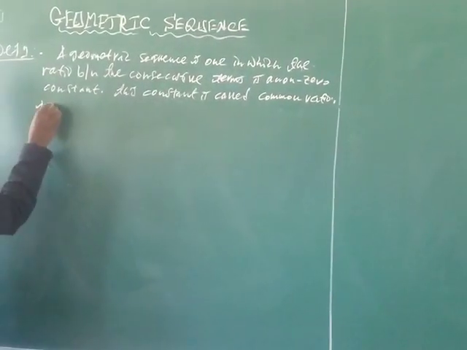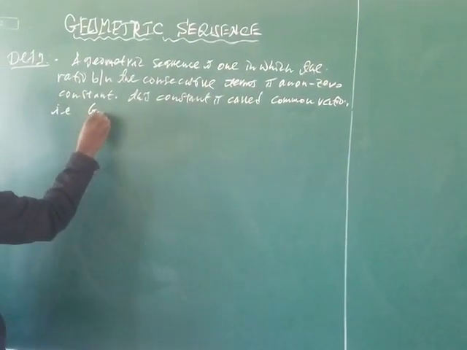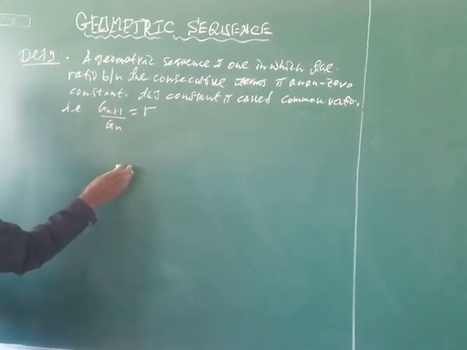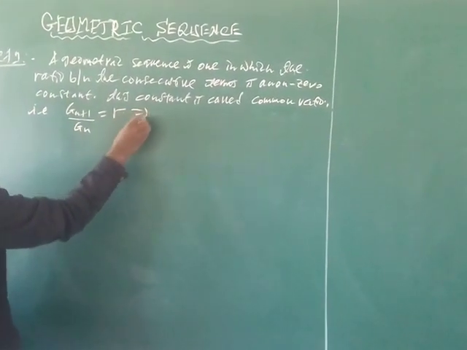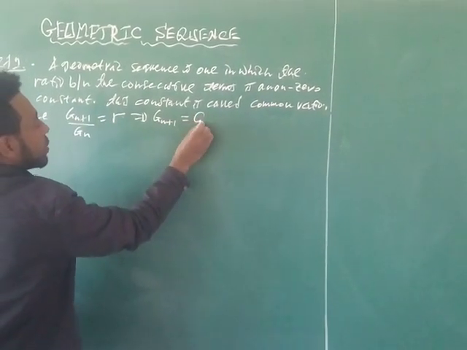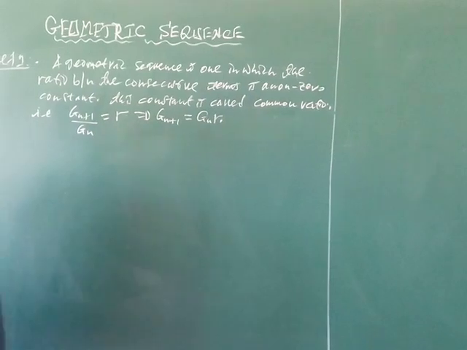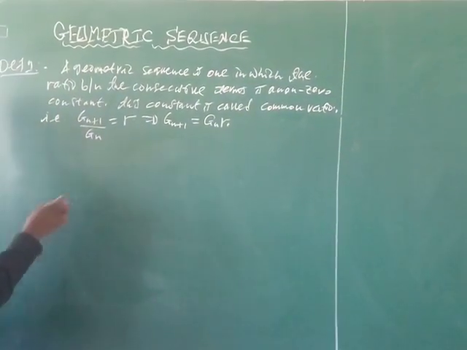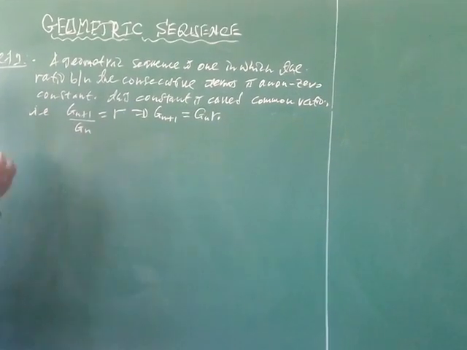That is, g(n+1) over g(n) is equal to r. This implies that g(n+1) is equal to g(n) times our common ratio r. Then we say that such a kind of sequence is what we call a geometric sequence.